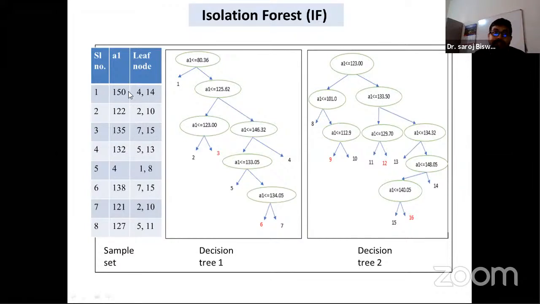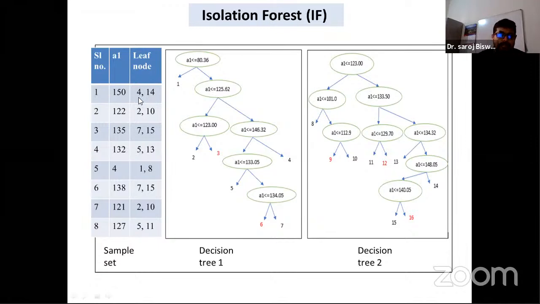For the first sample, the leaf node is 4 in the first tree. If you calculate the path length for the first tree: 1, 2, 3. So the path length is 3 for 4. And in the second tree, it is terminated at 14. Now we are going to calculate the score for the first observation, looking at the leaf node where it is terminated in each of the trees.